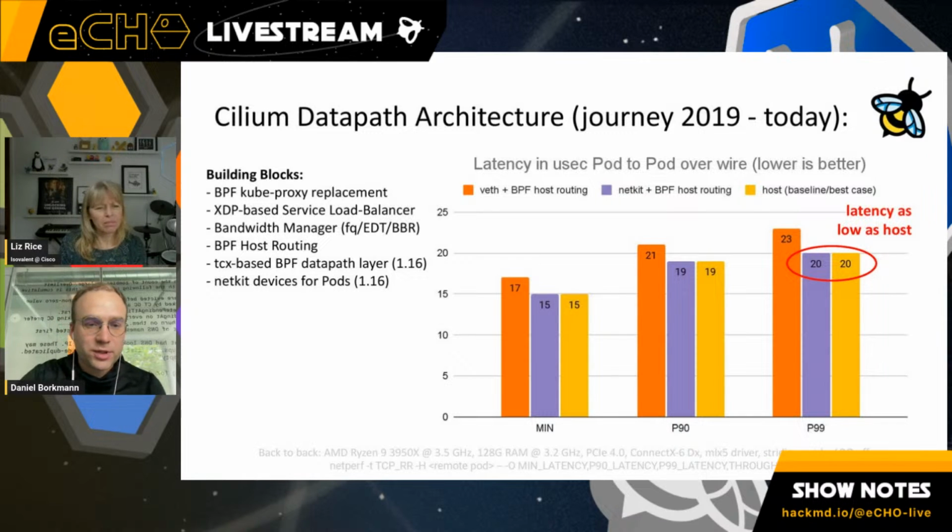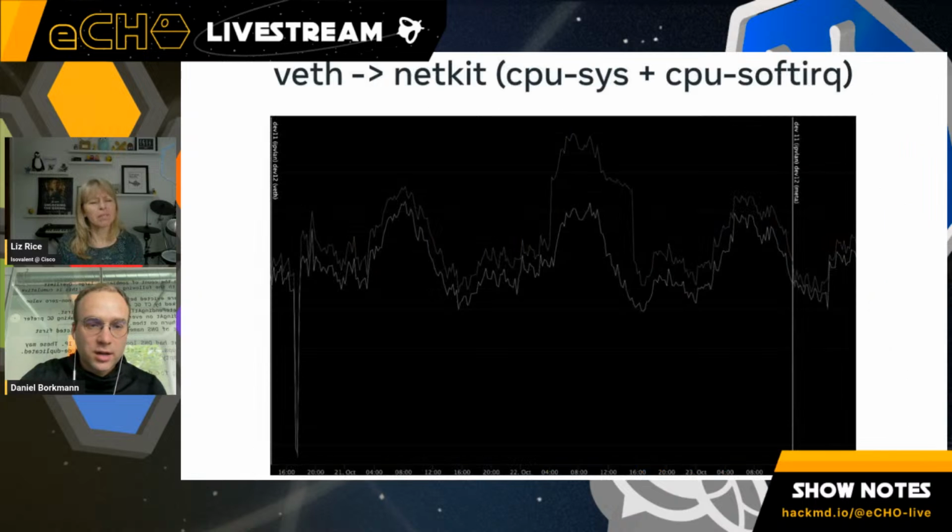And what is also really cool, my colleague from Meta did some measurements for Meta production, where he replaced weave devices with an early prototype of netkit, when we wanted to see whether it also has visibility in terms of production traffic and making things better.